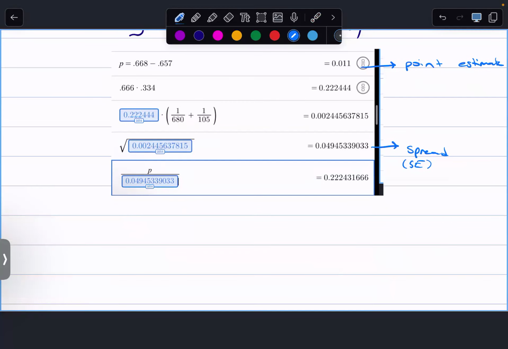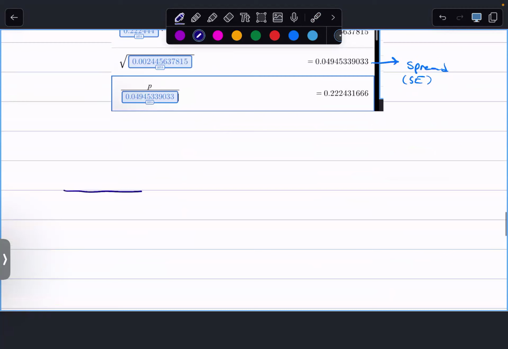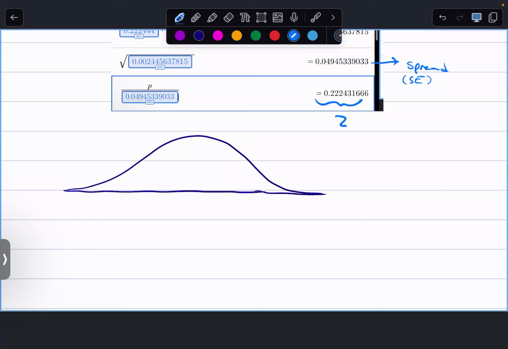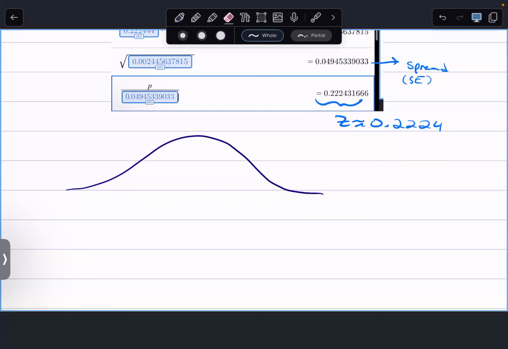Visually, what does this look like? Now that I have a Z, my Z is roughly, let's use 0.2224. Make a straight line.